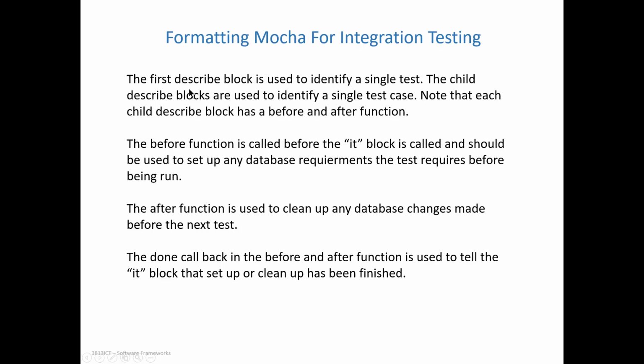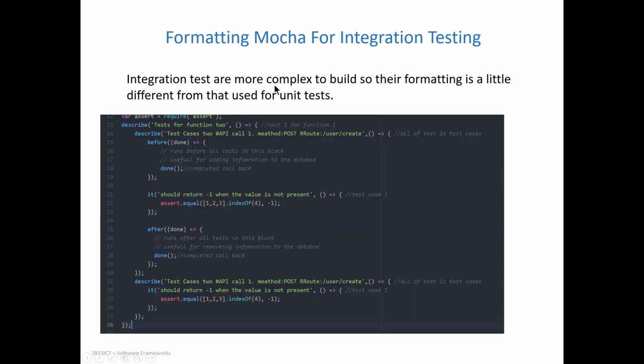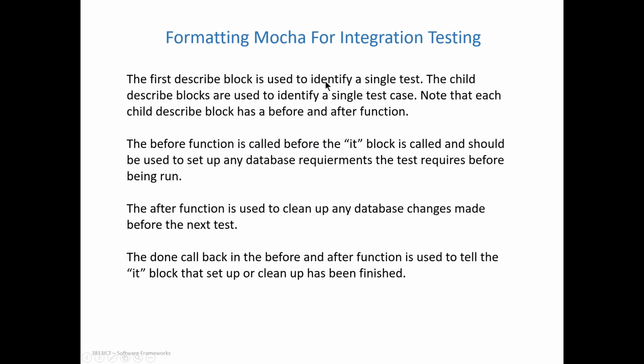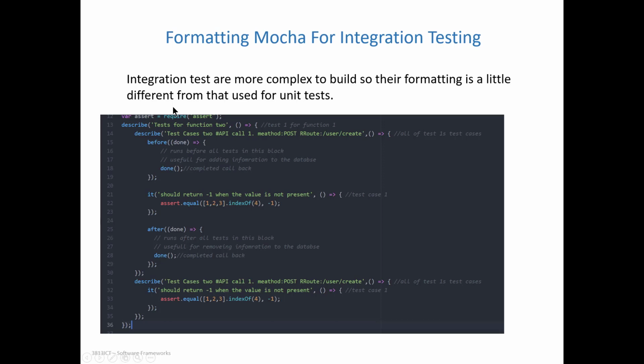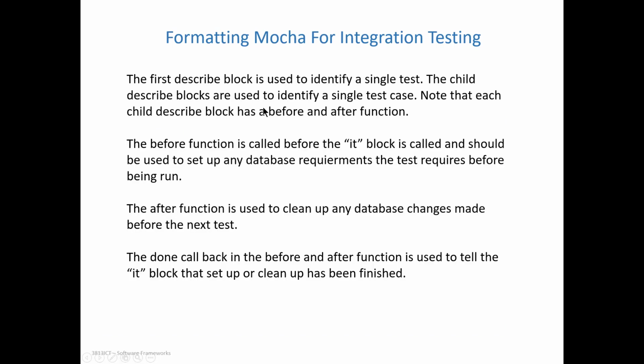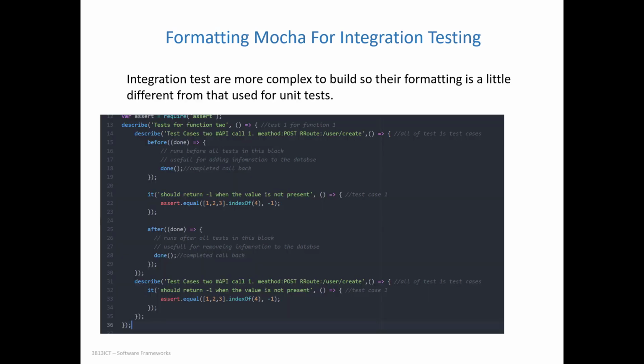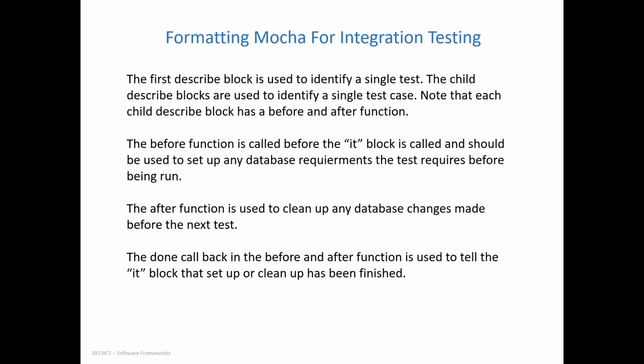So the first describe block that we saw in here is used to identify a single test. The child describe blocks are used to identify a single test case. Note that each child describe block has a before and after function. That before and after function is used for the setup and the cleanup.